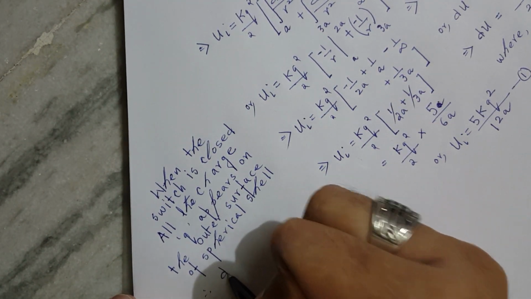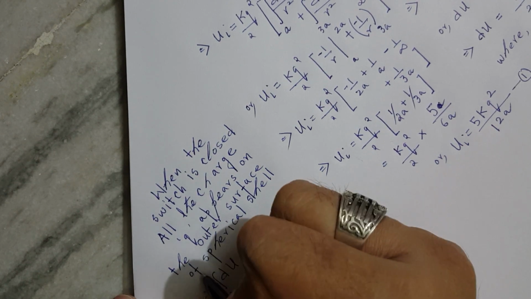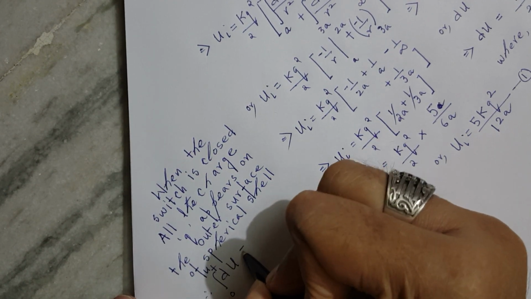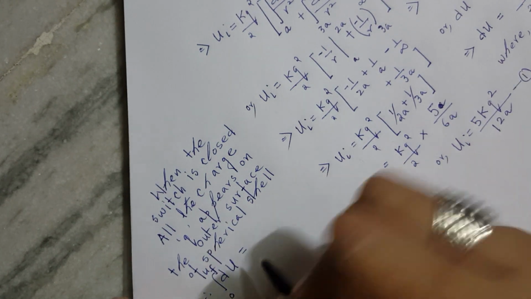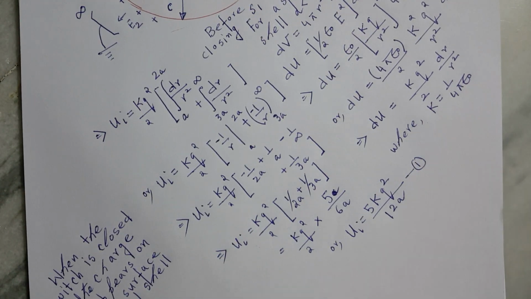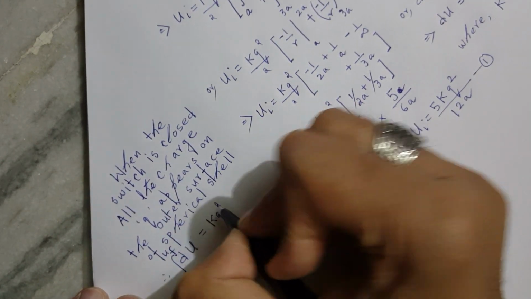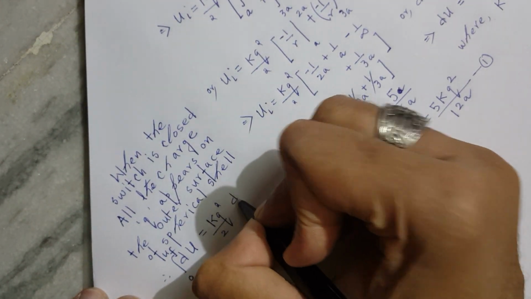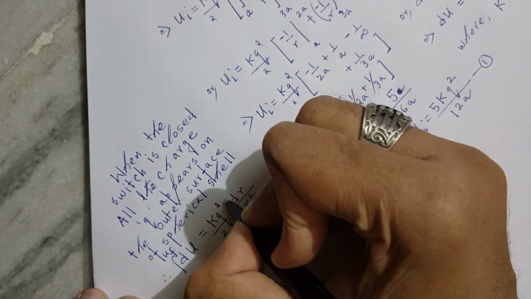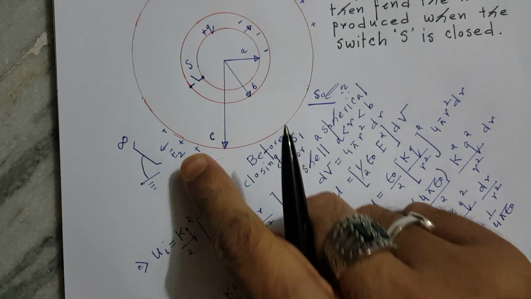So therefore the total electrostatic energy of the system, final value, is equal to this particular formula that we studied, kq square by 2 dr by r square. So let me write here kq square by 2 dr by r square, and now this r must be integrated from where to where? 3a to infinity.